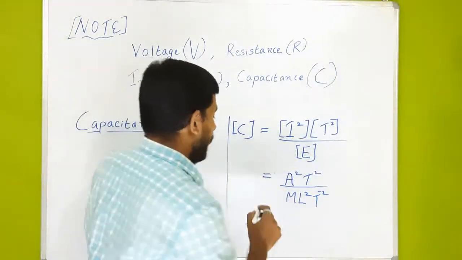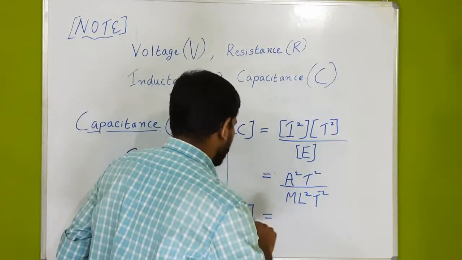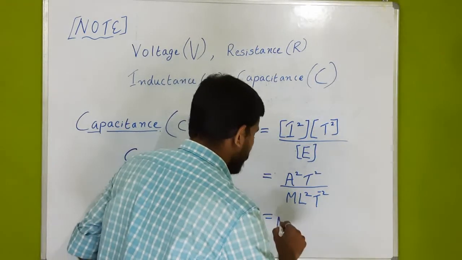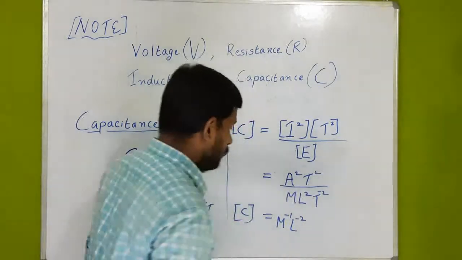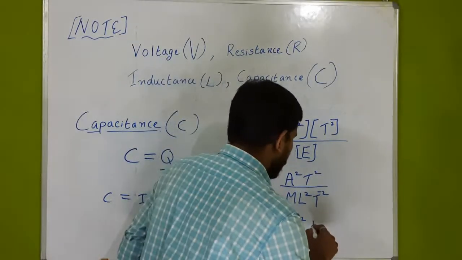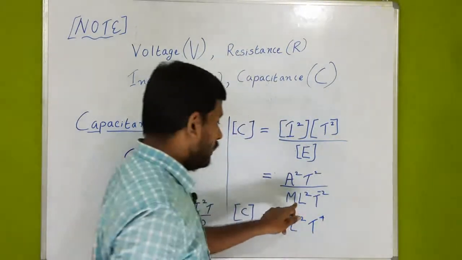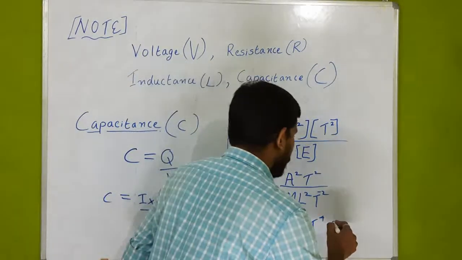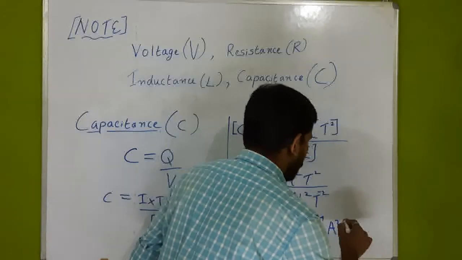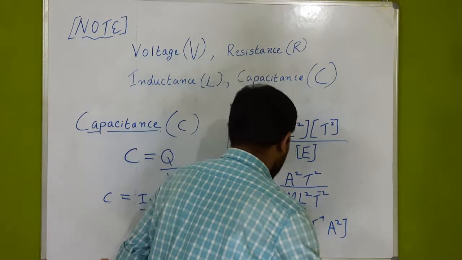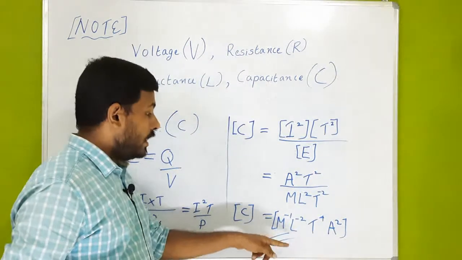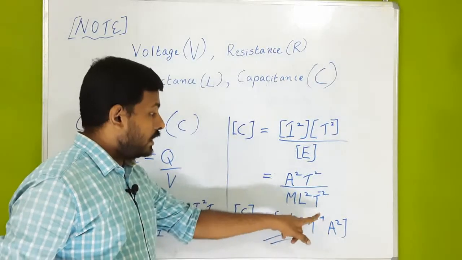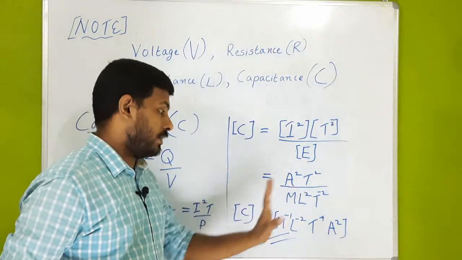Then we can bring it upwards, and the dimensions of capacitance becomes m raised to minus 1 l raised to minus 2, then we have t raised to 4, and finally we have A square. So this is the dimension of capacitance, that is m raised to minus 1, l raised to minus 2, t raised to 4, and A square.